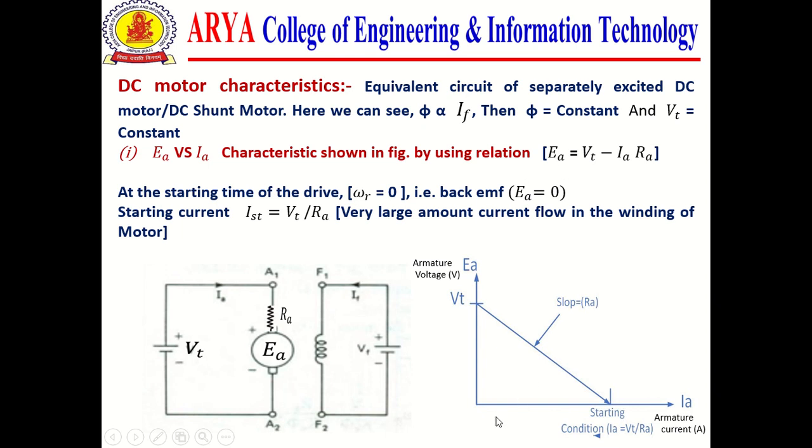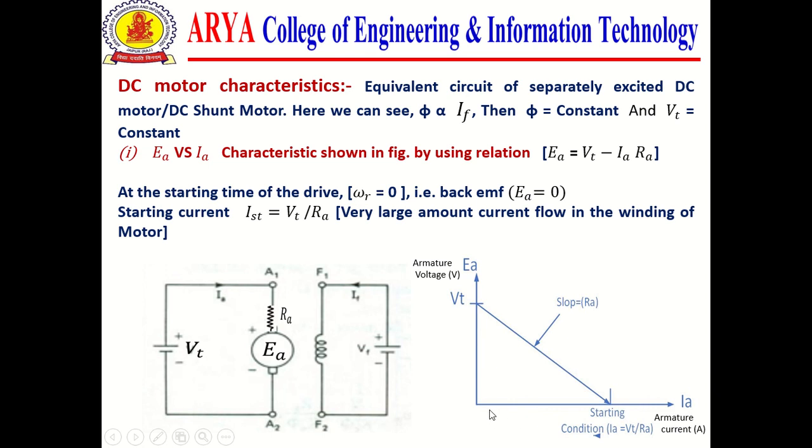For drawing the armature voltage and armature current characteristic with the help of this relation, on the x-axis we take armature current in amperes and on the y-axis armature voltage. If armature current is 0, the terminal voltage Vt is at maximum, that is, full supply.